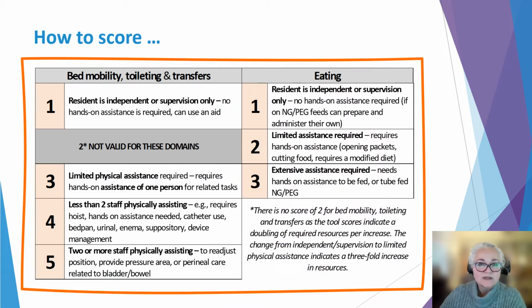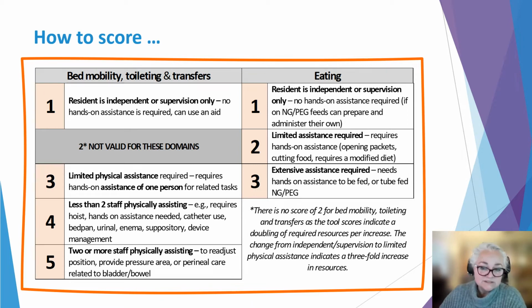This is the scoring matrix for the RUG-ADL. You will need to do each one of these activities of daily living separately, scoring them separately. On the left-hand side, you have bed mobility, toileting, and transfers, and on the right-hand side, you have eating. If a person is scoring 1 in any of those categories, it tells us that that person is independent.